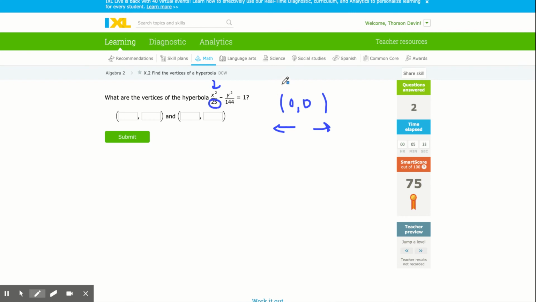What's the square root of 25? It's 5. So I'm going to add and subtract 5 to the x value, and those will be my vertices. So I have negative 5, 0, because my y doesn't change, and 5, 0.